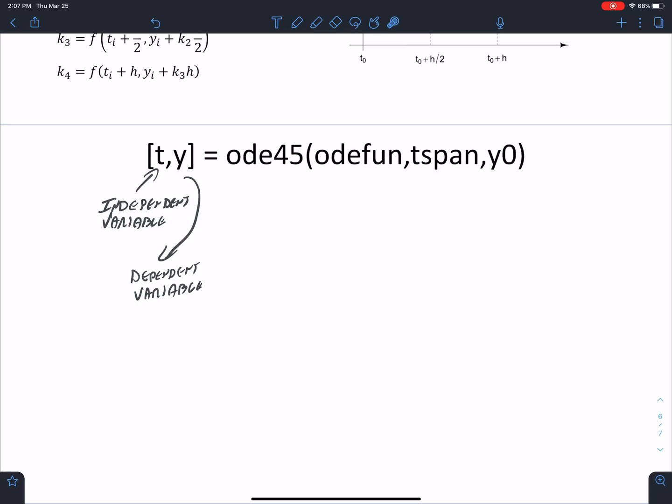And here, right, this guy here will be our MATLAB solver. And this guy here will be the function name for our ODE function.